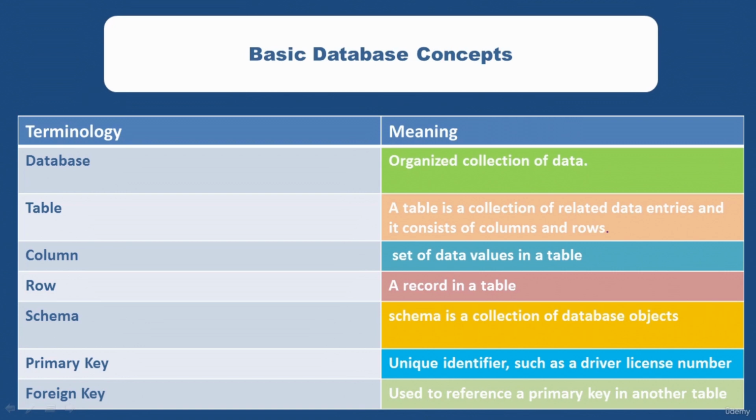So a foreign key usually is used to reference a primary key in another table, but primary keys are unique per table. You can't have two primary keys in one table.